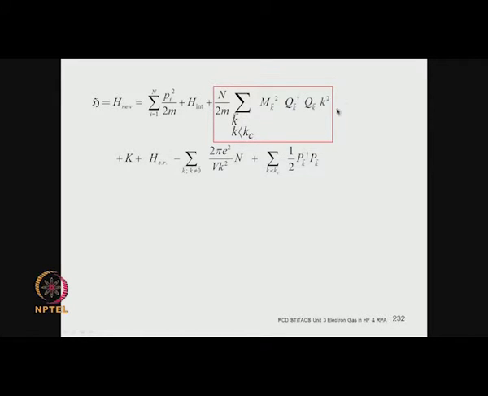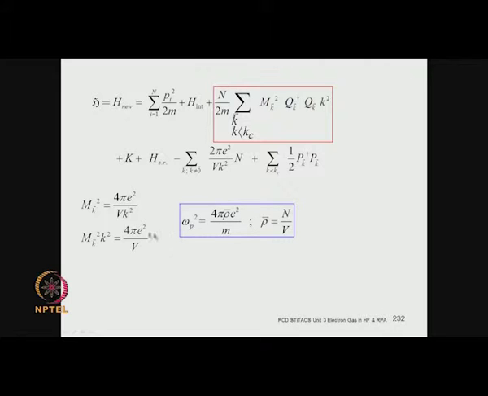Let us first have a good look at this term. Here mk square k square is 4 pi e square by V, which means that the plasma frequency omega square will be, which we know, 4 pi rho e square by m, because rho bar is nothing but n by V. So, this n is coming here, 1 over V is coming from here.